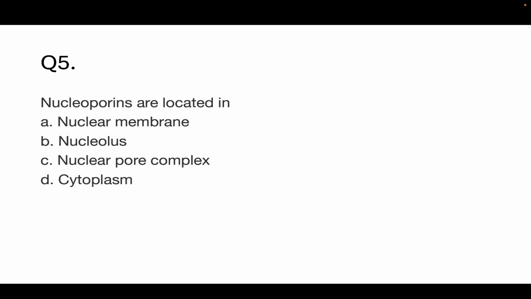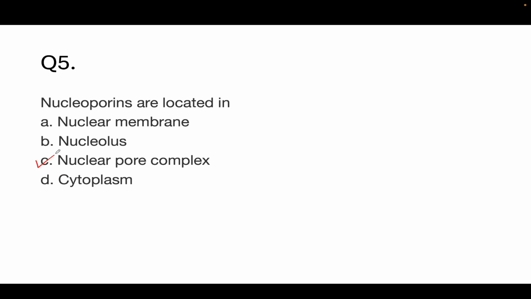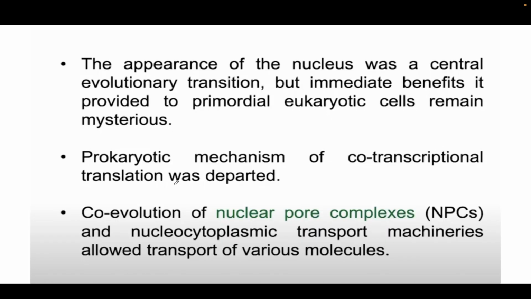Okay, let's discuss it then. So you have answered it correctly. The answer is the nuclear pore complex. The appearance of the nucleus was a central evolutionary transition, but the immediate benefits it provided to primordial eukaryote cells remain mysterious.